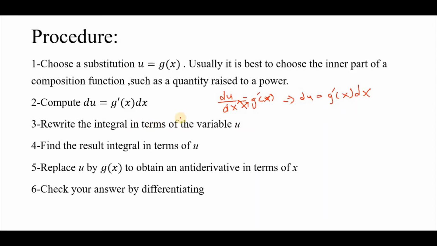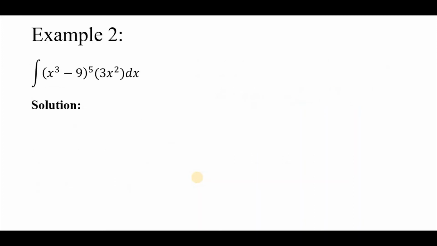Rewrite the integral in terms of the variable u, and then find the results of the integral in terms of u. Replace u by g of x again to obtain the antiderivative in terms of x, and then you can finally check your answer by differentiating to make sure that you got the integration right.